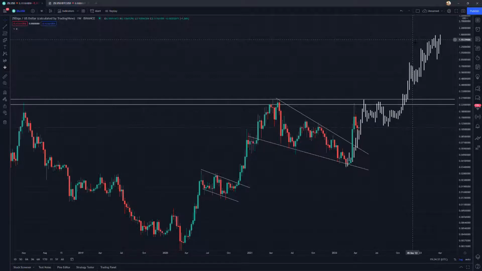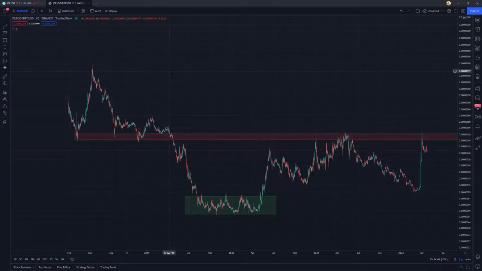Now I want to transition into the Zil Bitcoin chart because it provides some great insight on Zil and where it's capable of going. On this chart, I have a few zones mapped out. There is a very important level highlighted in red where price action has historically acted as resistance.